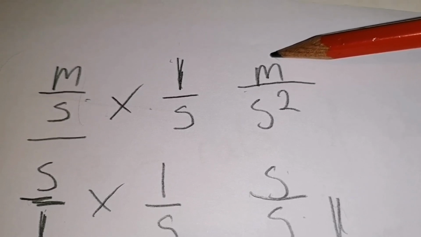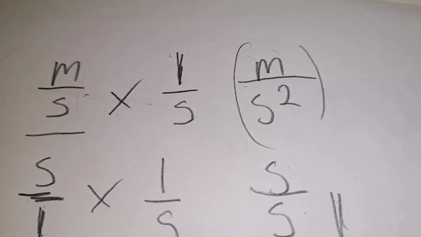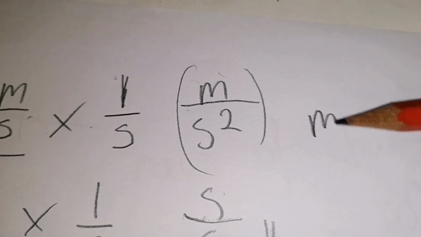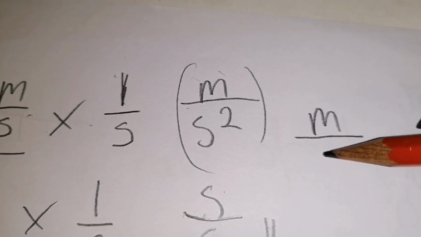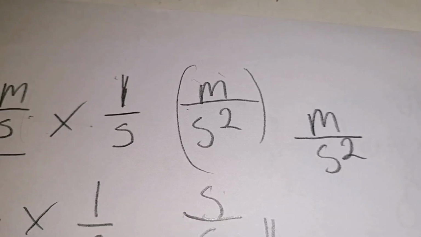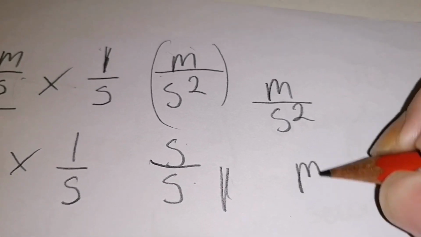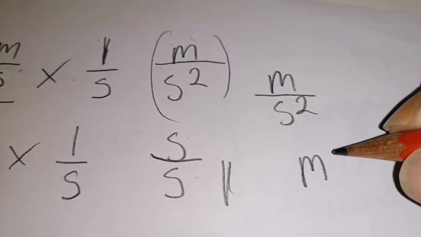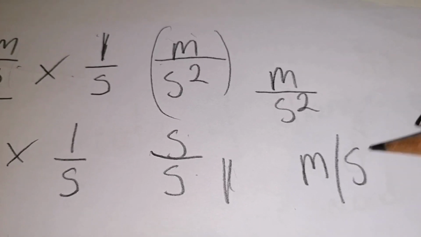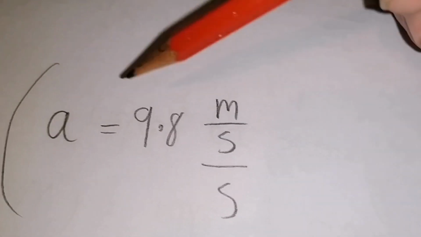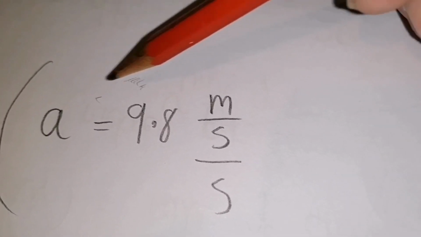So what we're left with here is meters per second squared, or more commonly written as meters per second squared. It's just denoted that way because it's cleaner, tidier, but that's exactly what it means.